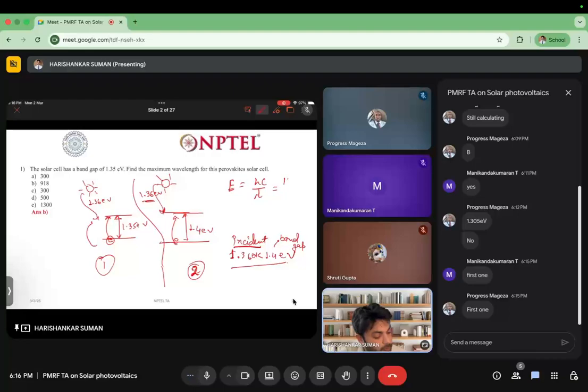Or simply, if you put energy in electron volt, your lambda should be in nanometer. With the help of this equation we can solve the numerical questions. Clear to everyone?